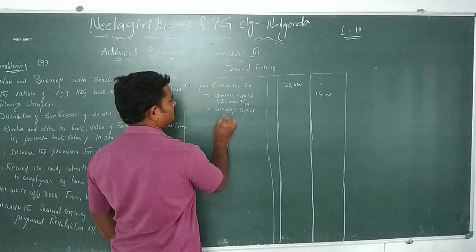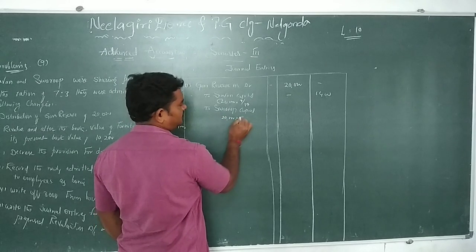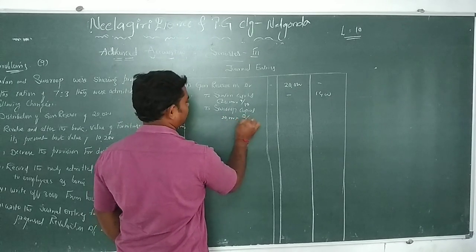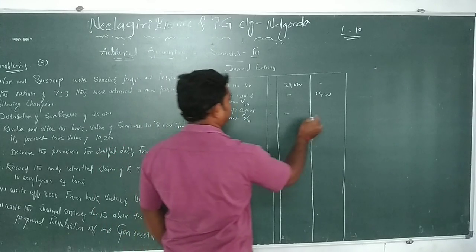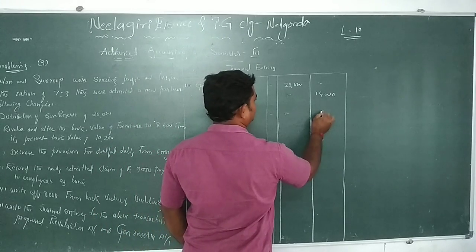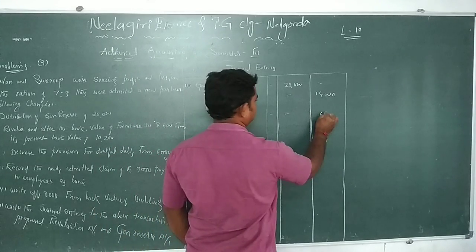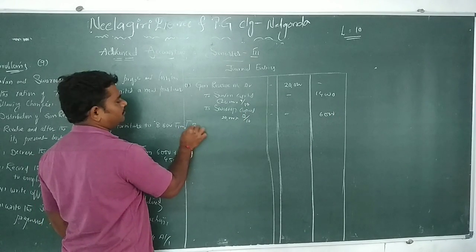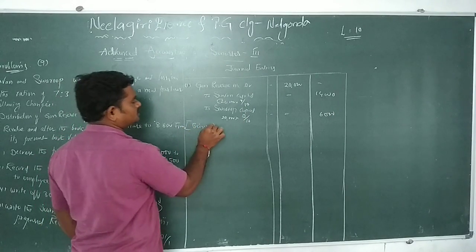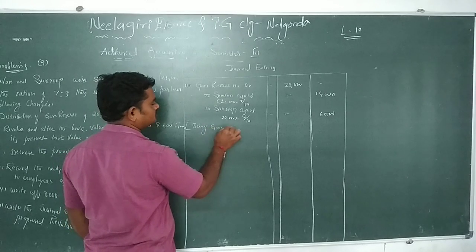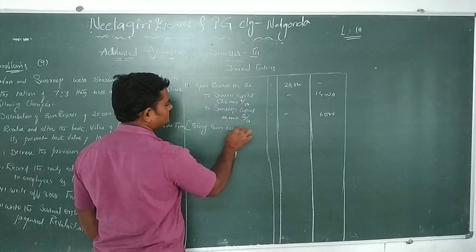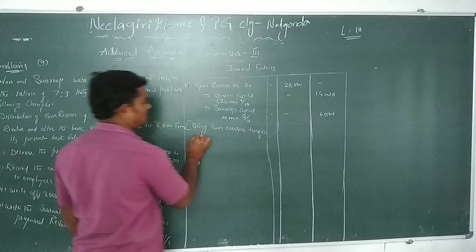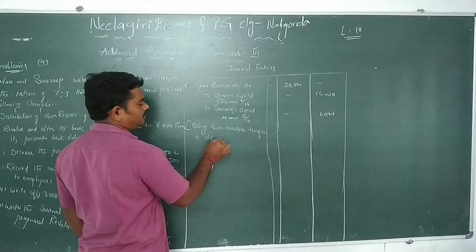Swaroop: 20,000 into 3 divided by 10 is 6,000. Being general reserve transferred to old partners' capital.